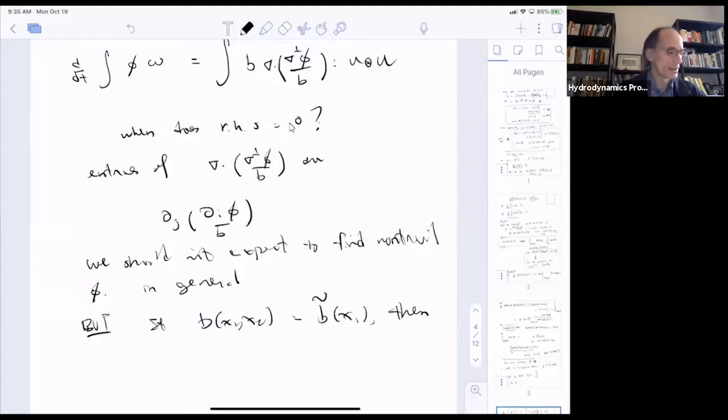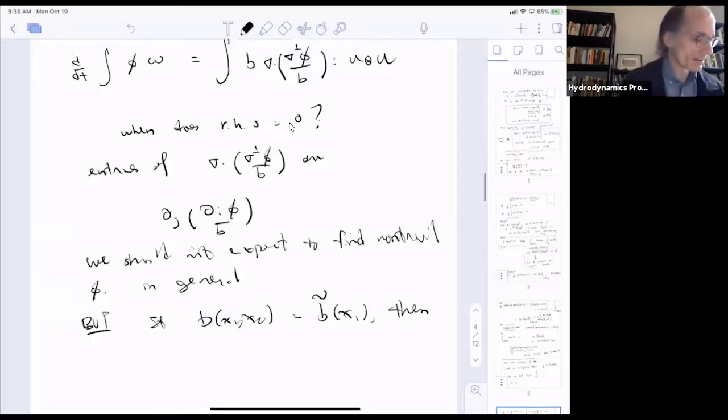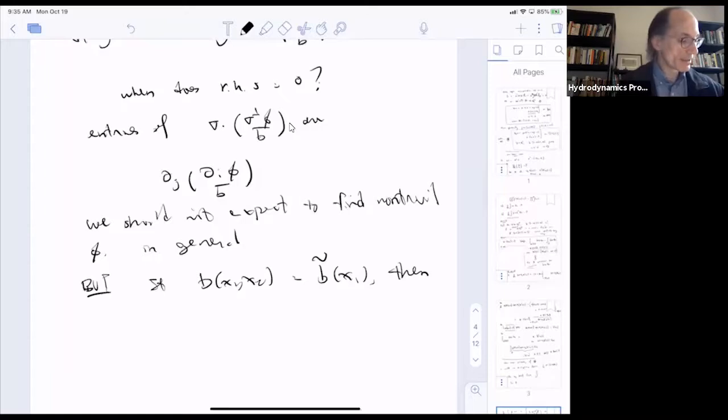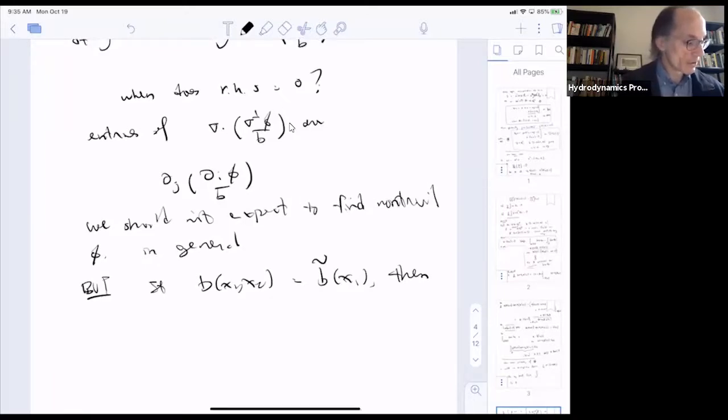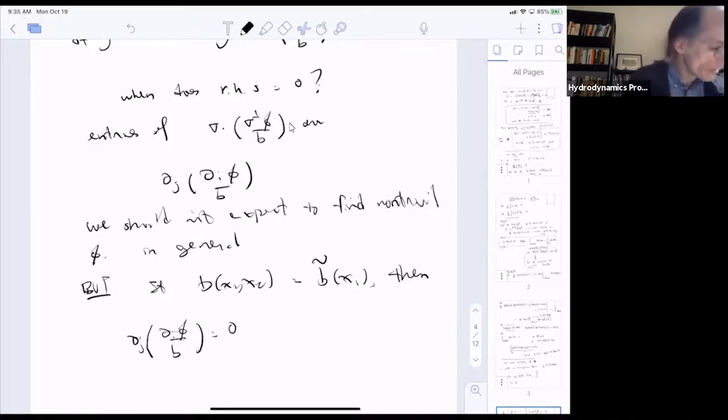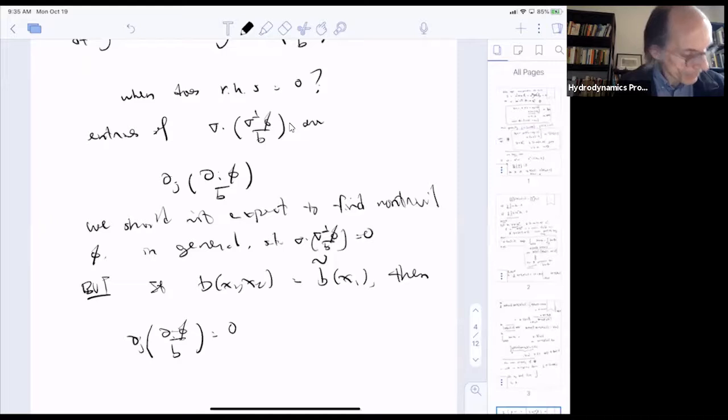So then, let's see. This says that, okay, so we should not be able to find a non-trivial phi in general such that this quantity vanishes.